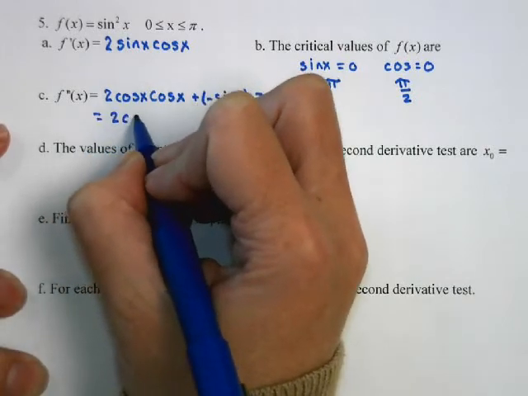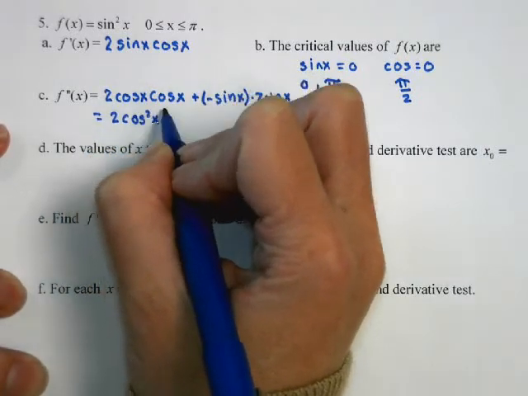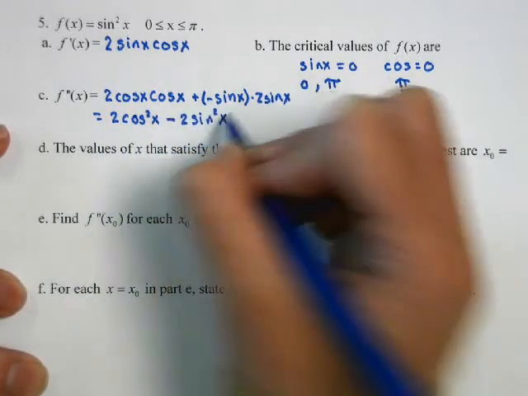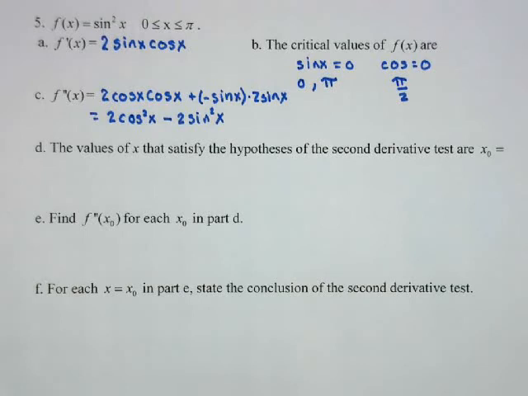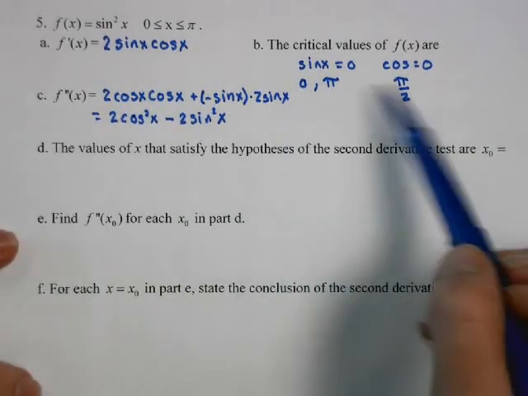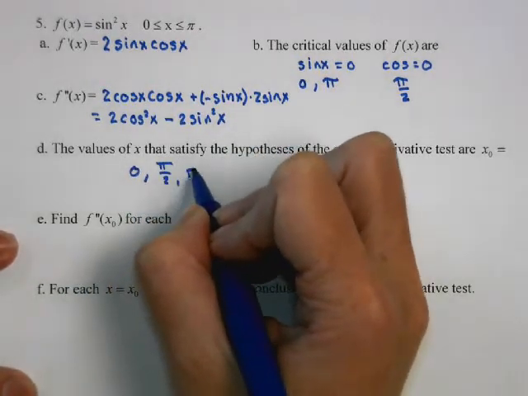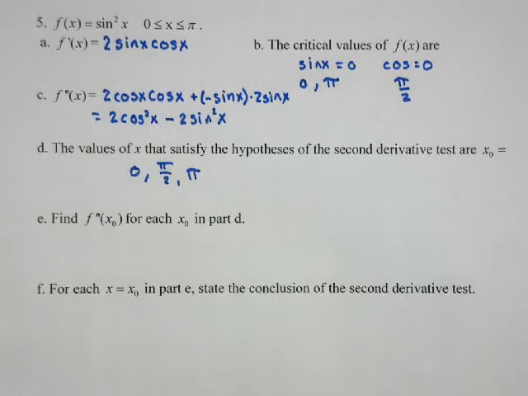So this is going to be 2 cosine squared x minus 2 sine squared x. The values that satisfy the hypothesis are all three of these. Okay, 0, pi over 2, and pi are all second. We can take two derivatives. We took two derivatives, and their first derivative value is 0. Now we're going to plug them in to determine whether they are maximums or minimums.